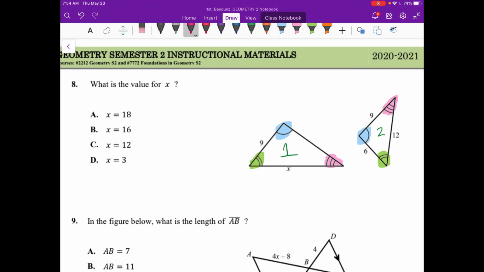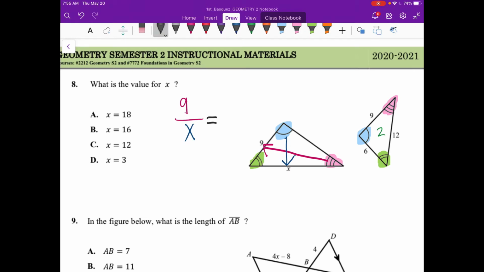So I'm going to put 9 over x. The reason why I'm doing them in different colors is I want to show you that 9 corresponds to being across the angle I labeled in pink, and the x is across the angle I labeled in blue.